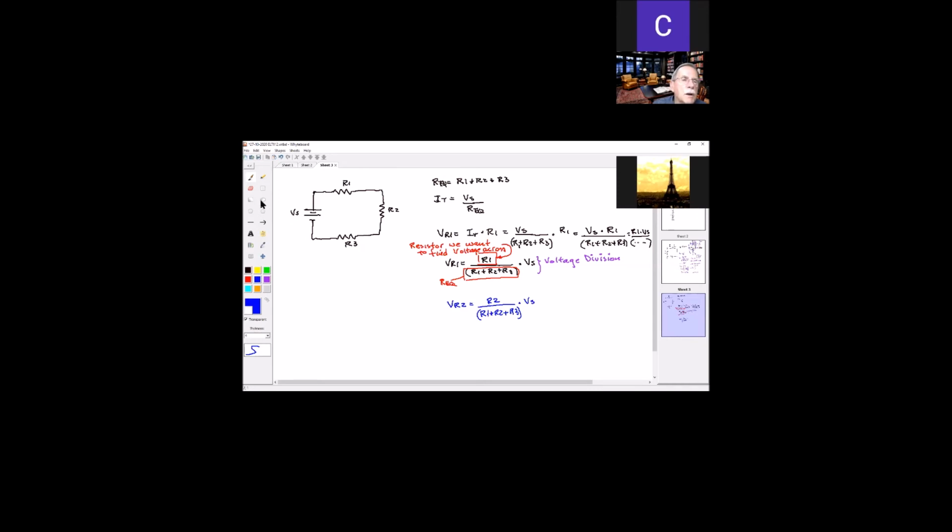So let's put some numbers in. Let's say R1 was 680, R3 is 220, and R2 is 1.1 K. And VS is 24 volts. So an example.